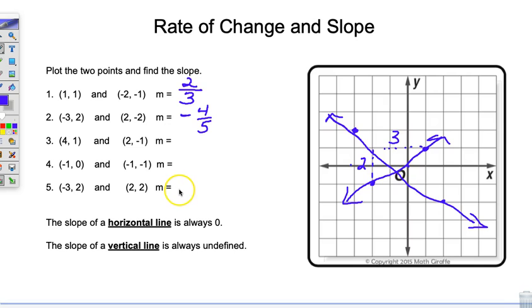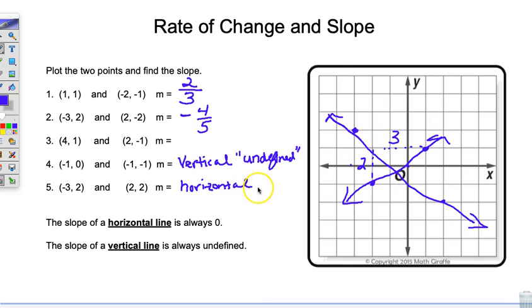They are special cases, number 4 and 5, because what we're going to find with this first one is that it actually forms a vertical line. And this will form a horizontal line. The reason why I say these are special is because all vertical lines are going to have what we call an undefined slope automatically.